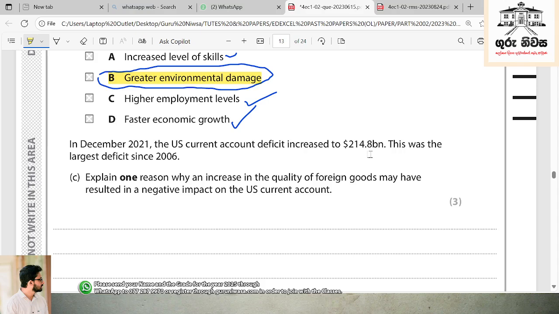Exports are greater than imports. The question, lamai: what does Sri Lanka have, a deficit or surplus in the current account? Deficit or surplus?